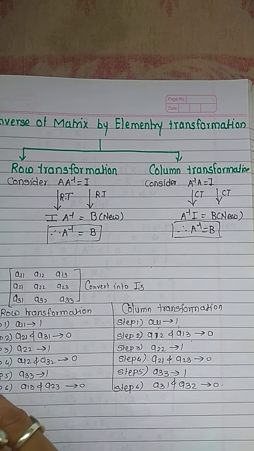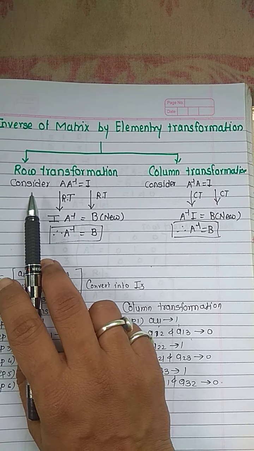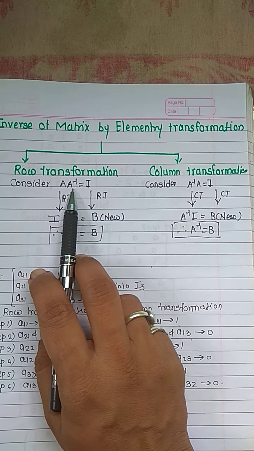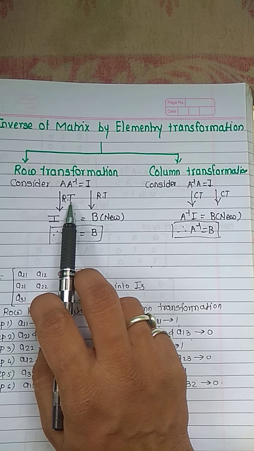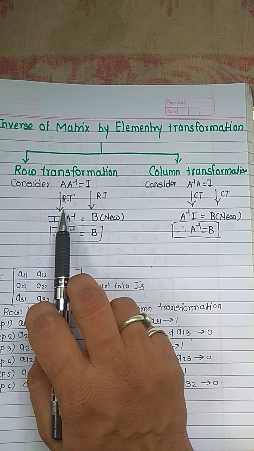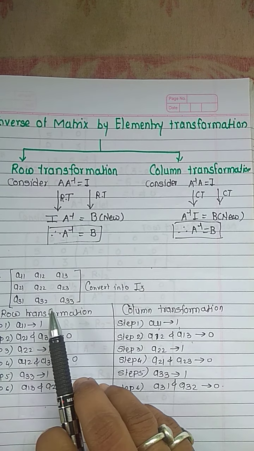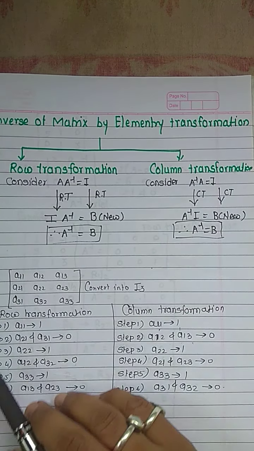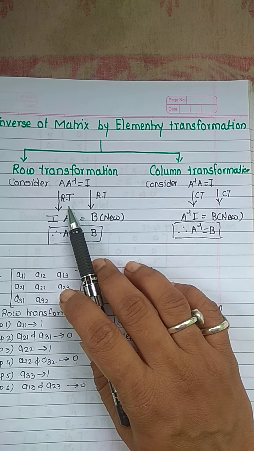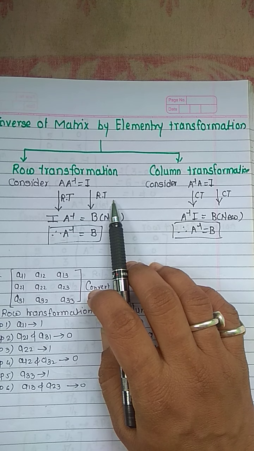If we decide to find A inverse by row transformation, we consider the equation A into A inverse equal to I, and apply the row transformations on the A matrix to convert A to the identity matrix, and these transformations are simultaneously applied on the I matrix, that is, the identity matrix.